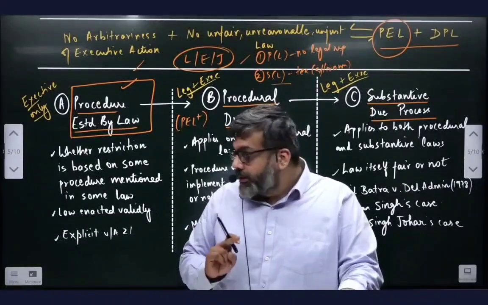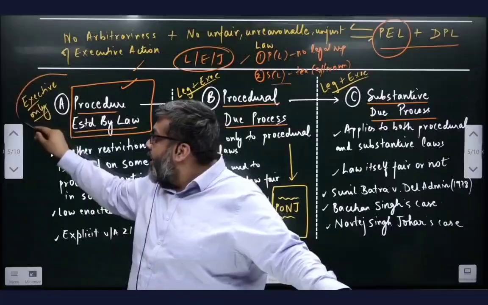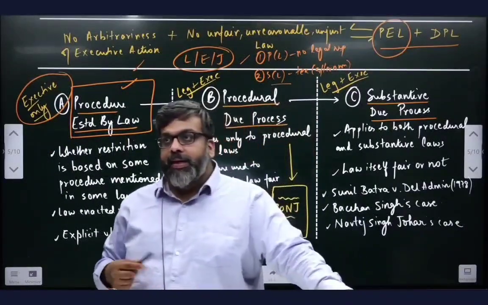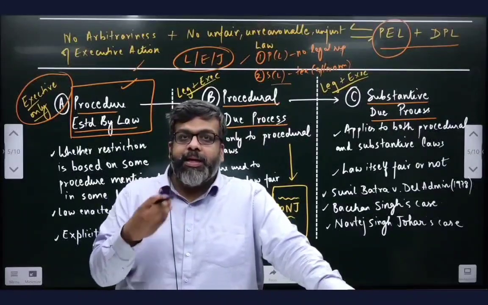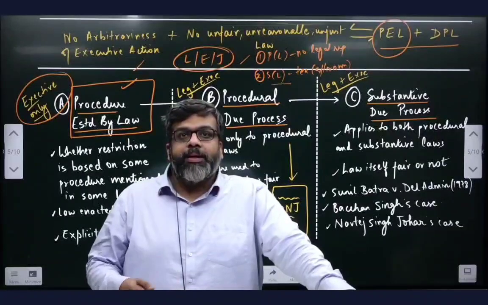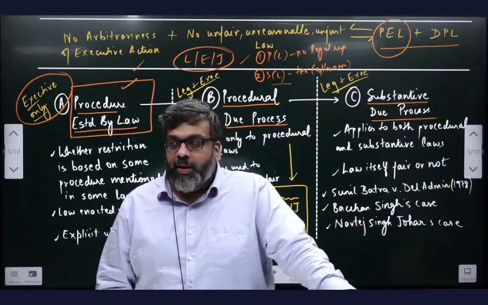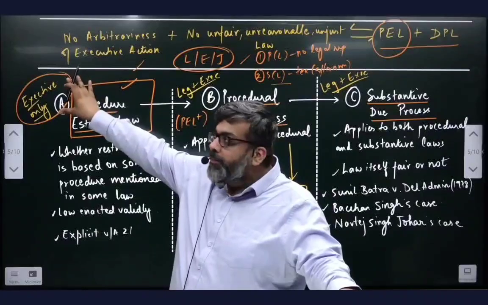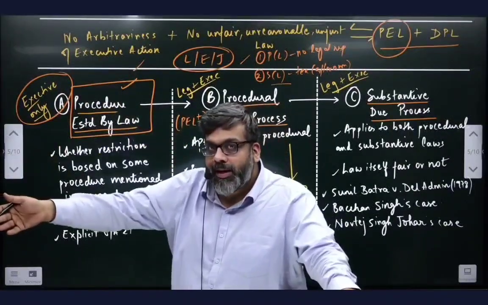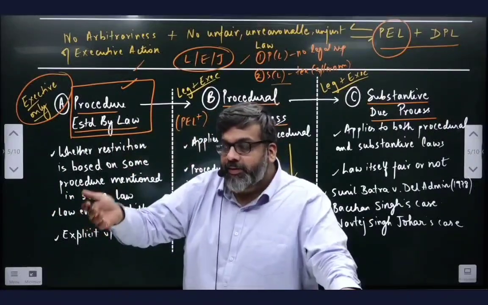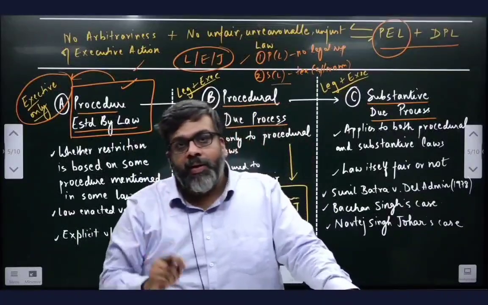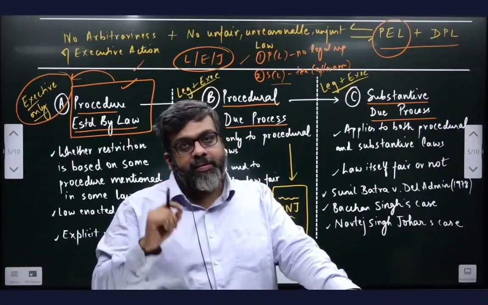This also means that it is largely applicable only to the executive. Understand this: from a very simple textual meaning of procedure established by law, if something has violated procedure established by law, it means the law tells you there is a procedure, the authority has to implement that procedure, and the authority has not implemented it. The authority is the executive, which is why procedure established by law is only and only applicable to executive action.